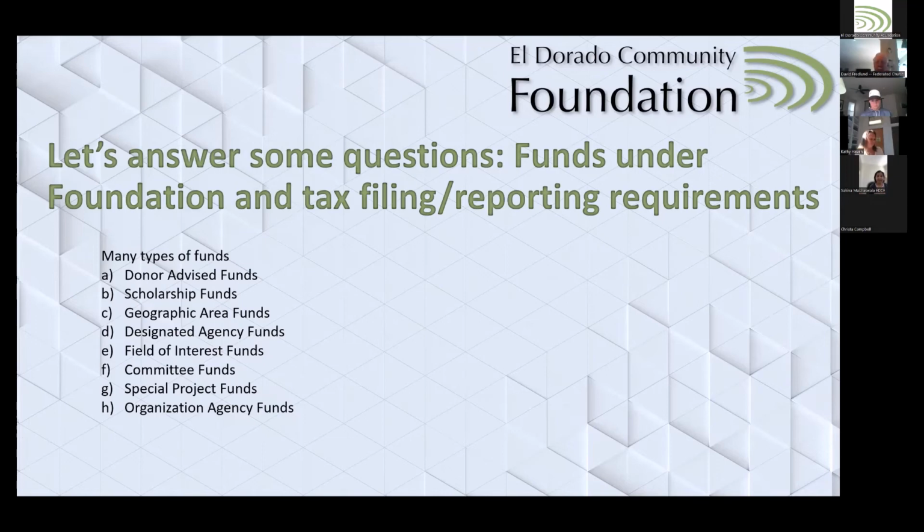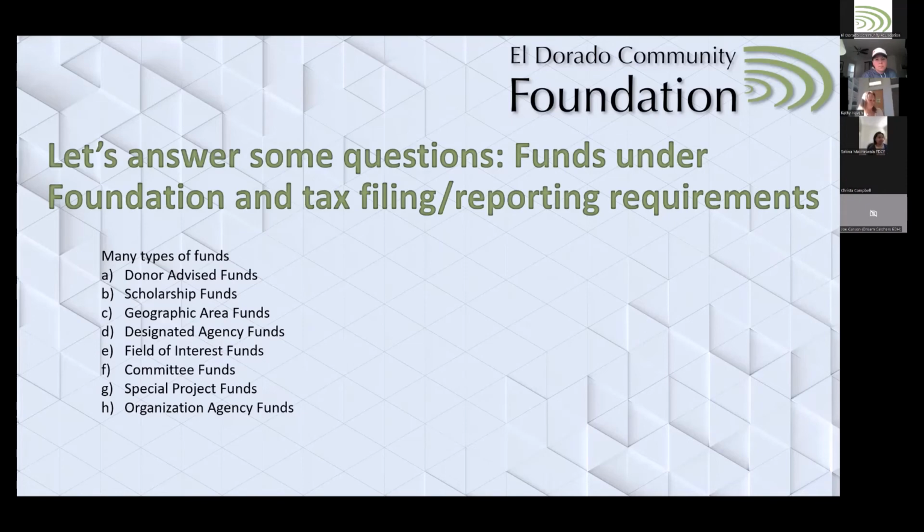If they have a meeting for their committee and they decide to order in a meal, they can pay out expenses too. A committee fund can also pay out expenses, and they can be reimbursed, etc. Geographic area funds don't have any 990 to file. We take care of them.